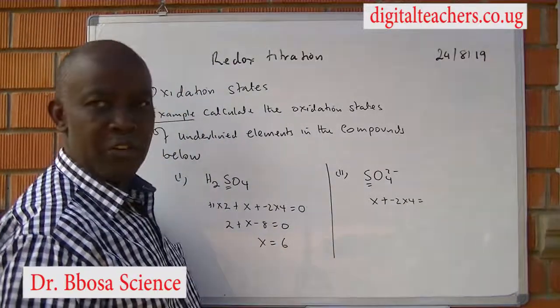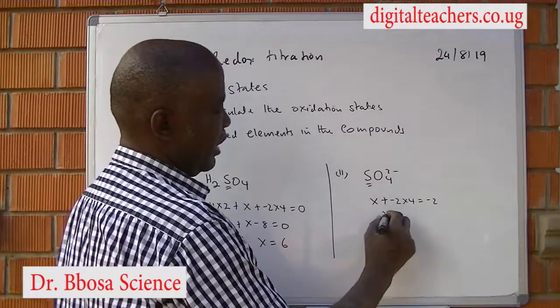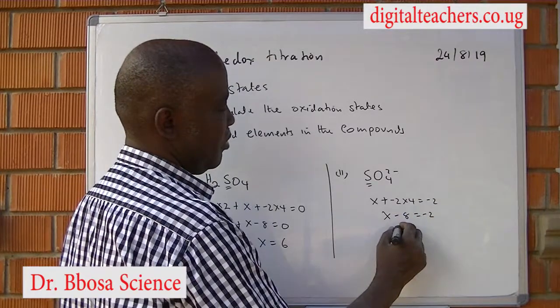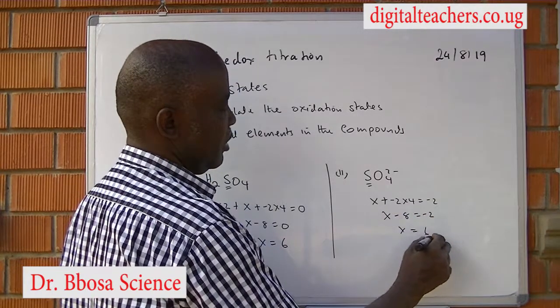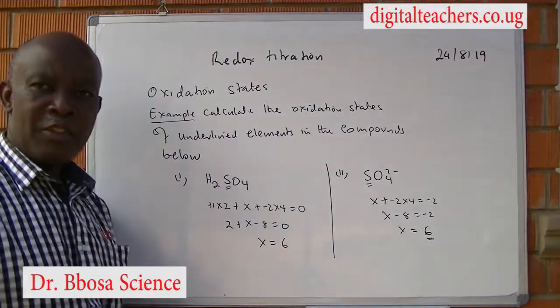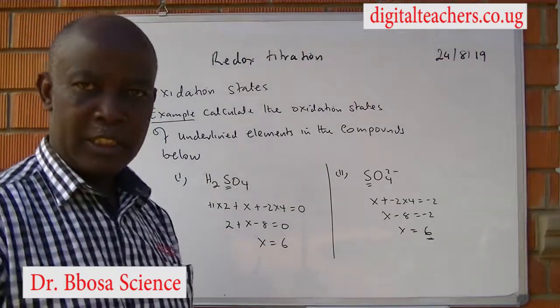The charge on the sulfate ion is negative 2. Therefore, x minus 8 is equal to negative 2. x is equal to 6. Therefore, the oxidation state of sulfur in the sulfate ion is positive 6.